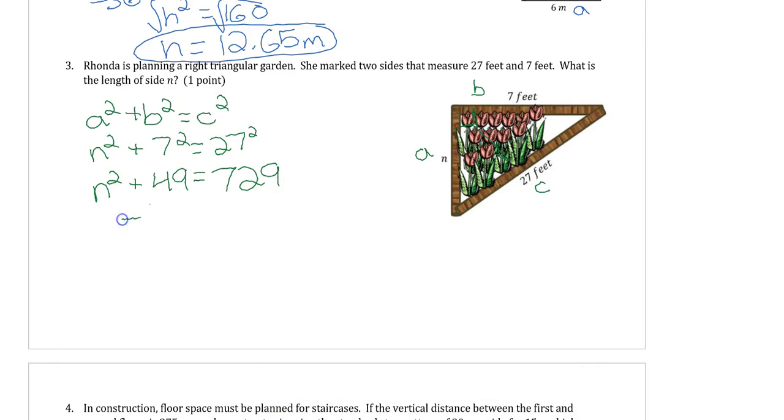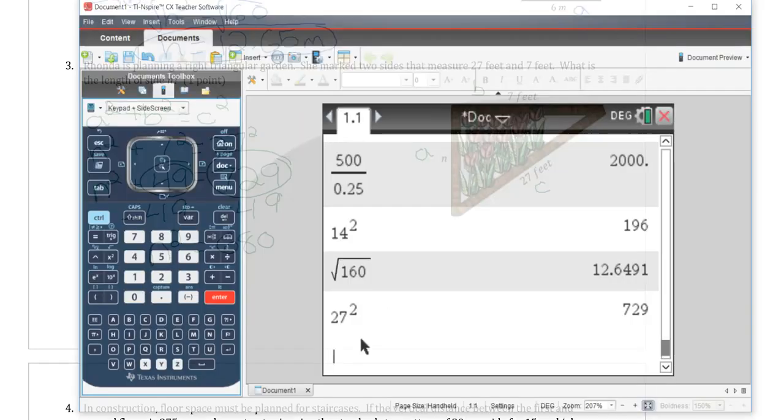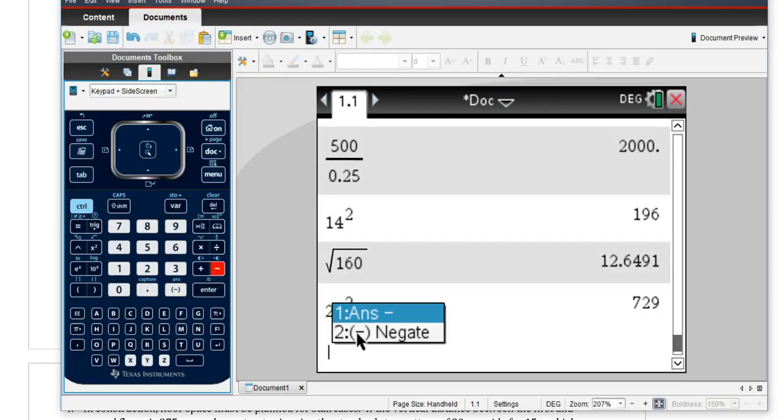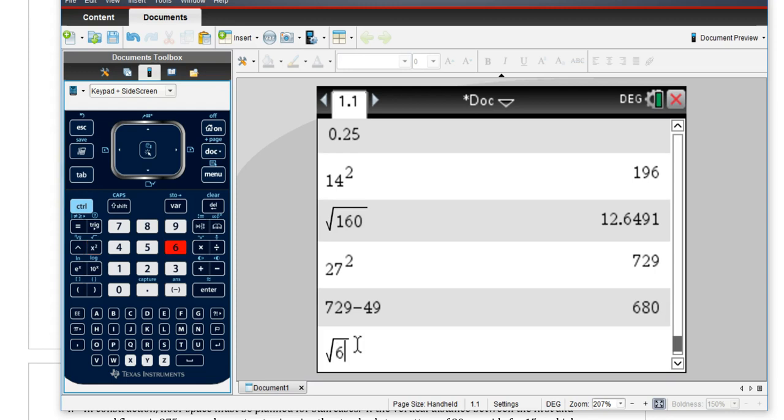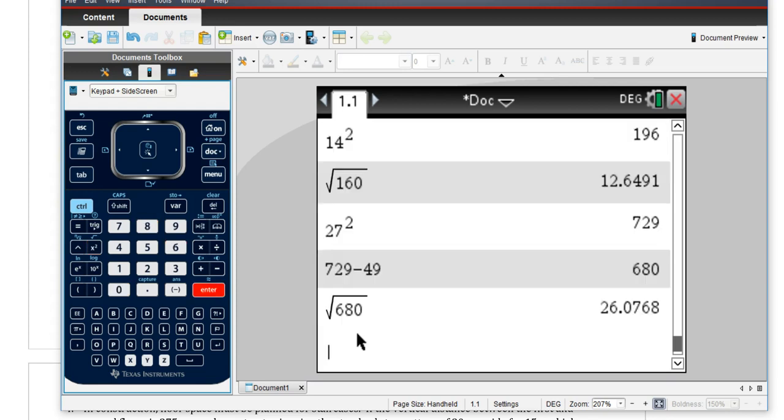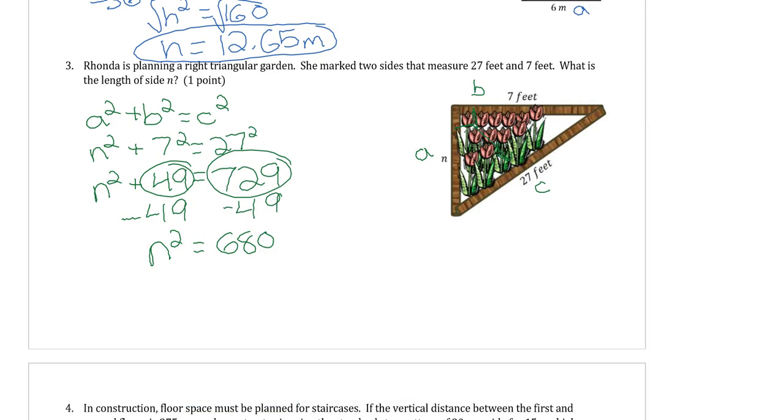I'm going to subtract 49 because 49 and 729 are on opposite sides. So n squared equals 680. And then I'm going to take the square root of 680. And I get 26.08, we'll round up to 8.